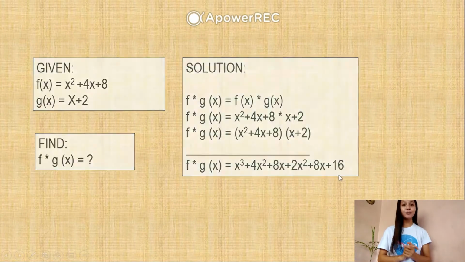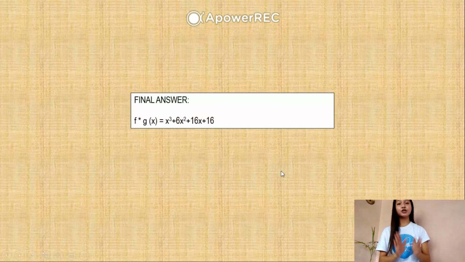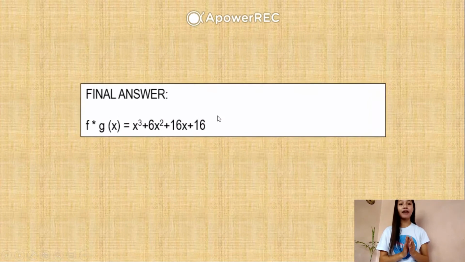So collect like terms, we will have x cubed. Then 2x squared plus 4x squared, we will have 6x squared. Then 8x plus 8x, which is 16x, then copy 16. So our final answer, or our f times g of x, is x cubed plus 6x squared plus 16x plus 16.